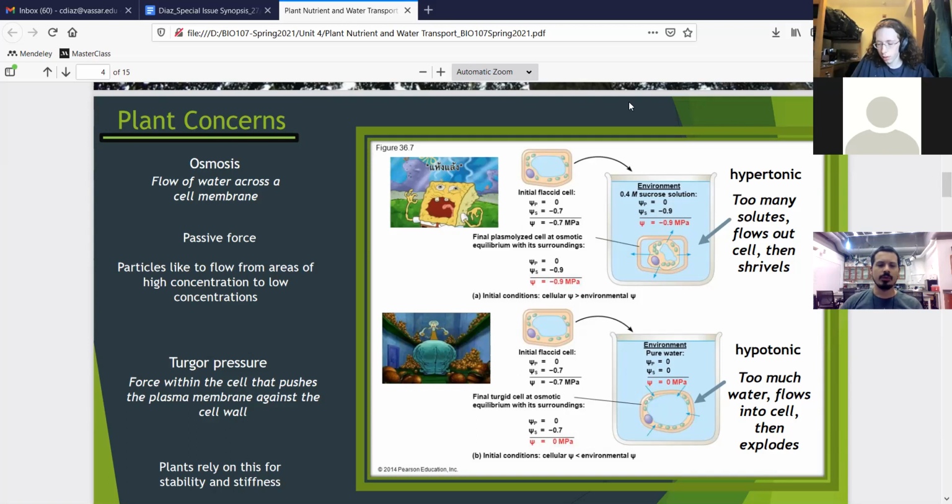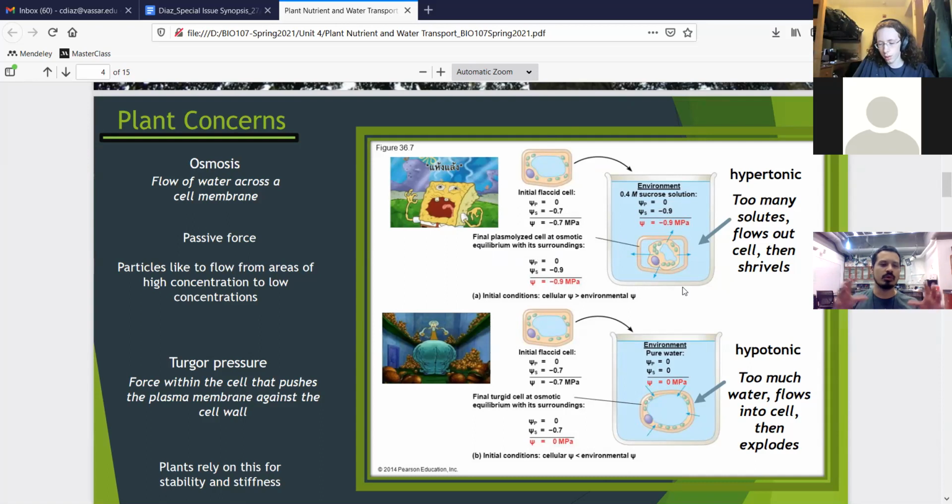And so when you look at this figure here, it's saying here that the salt concentration, water concentration of this right here is -0.7. So it's got an internal pressure of -0.7 pushing out. You then look at this environment. And so in this first case, we're going to put something into a hypertonic solution.